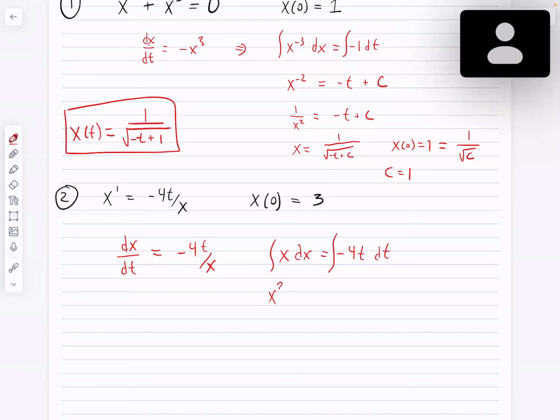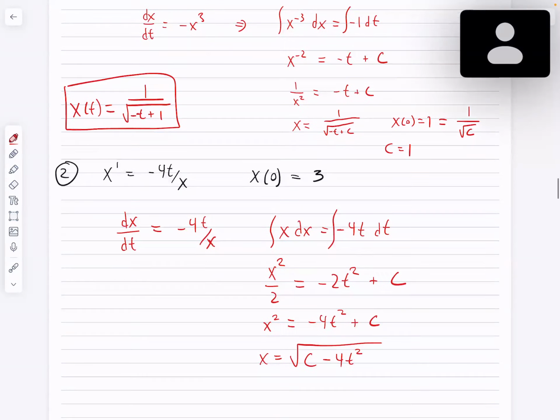And I get x squared over 2 equals negative 2t squared plus c. Multiplying both sides by 2 gives me x squared equals negative 4t squared plus c, and then square root. So x equals square root of c minus 4t squared.